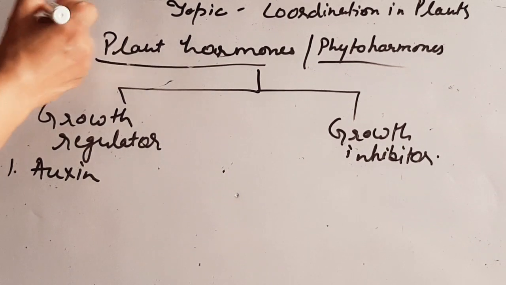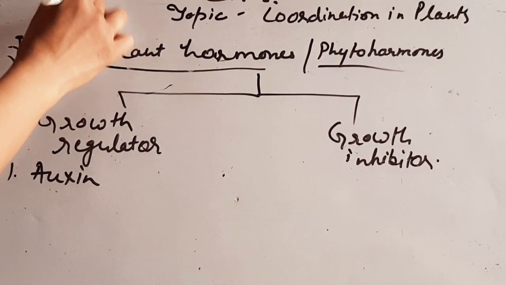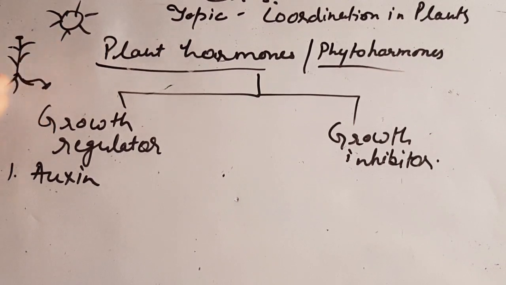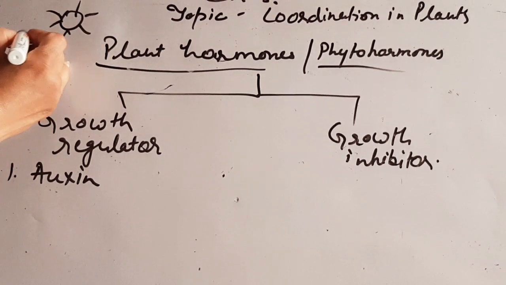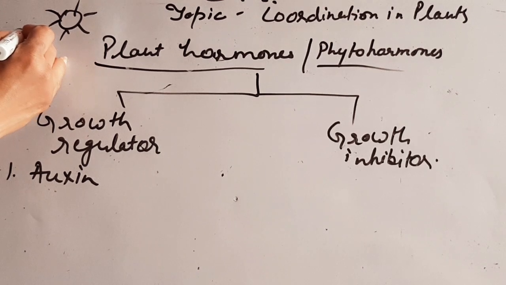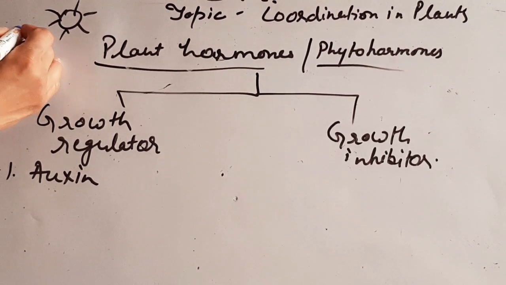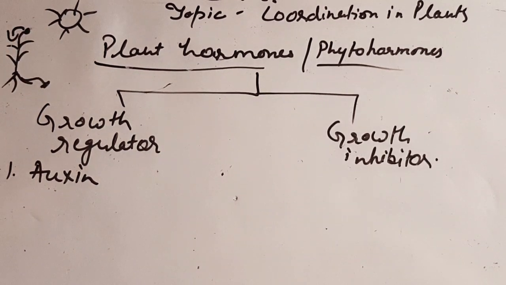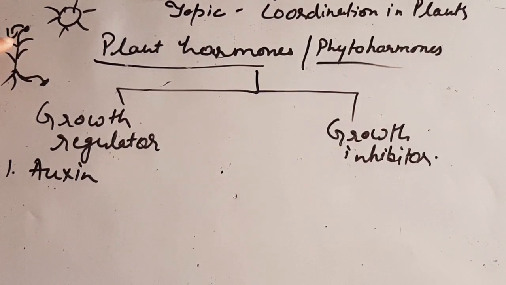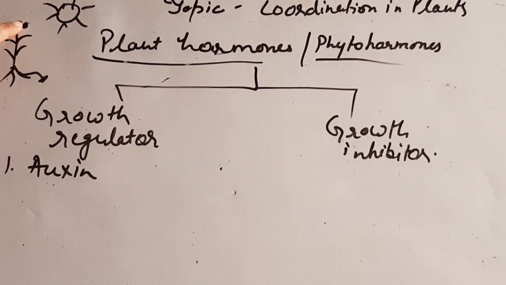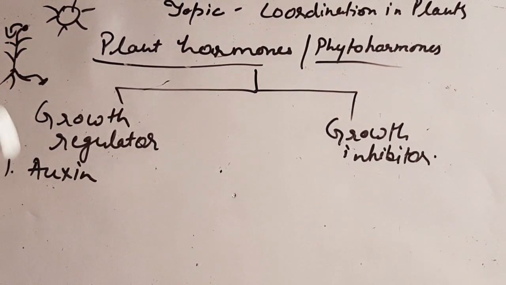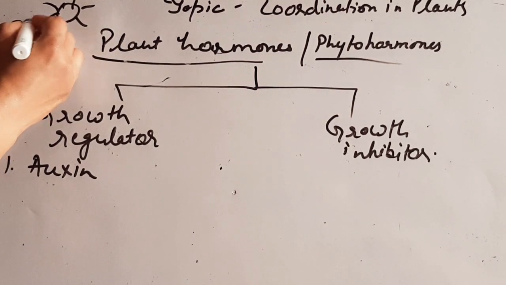Suppose on this side the sun is there and the stem is receiving the sunlight. The auxin will be secreted on this side, but it is going to move towards the shady portion, and on this side growth will take place, cells will divide, and we will see that the stem starts growing towards sunlight and bending will be observed.